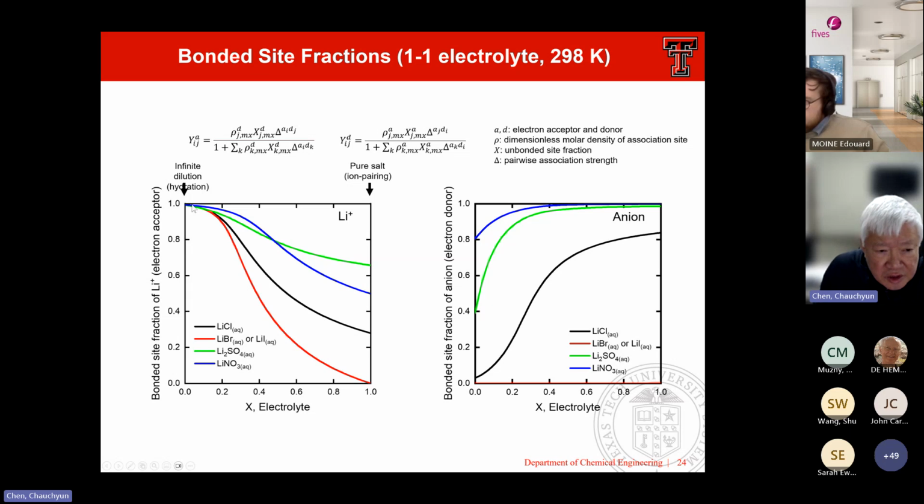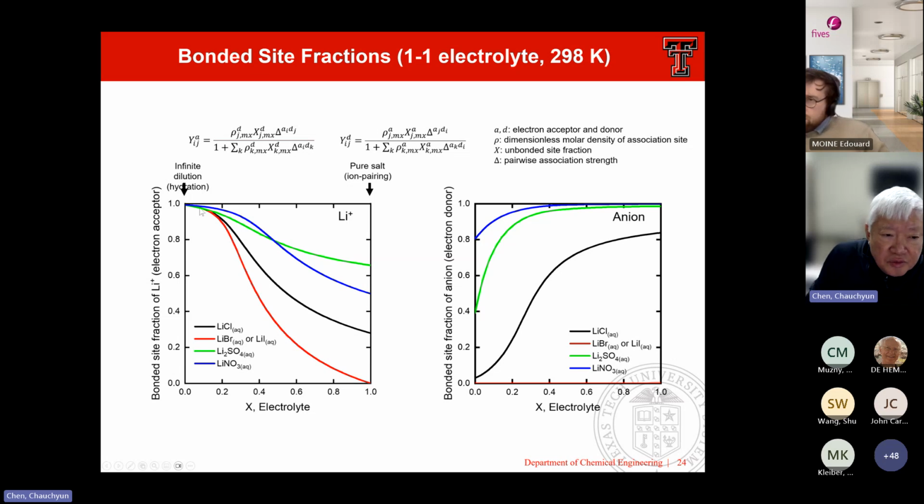As you increase the lithium chloride concentration, the bonded site fraction of lithium drops, eventually going down to about 0.28. At this point, there's no water present, for pure lithium chloride electrolyte. And what that means is that this is the extent of ion pairing of lithium chloride.